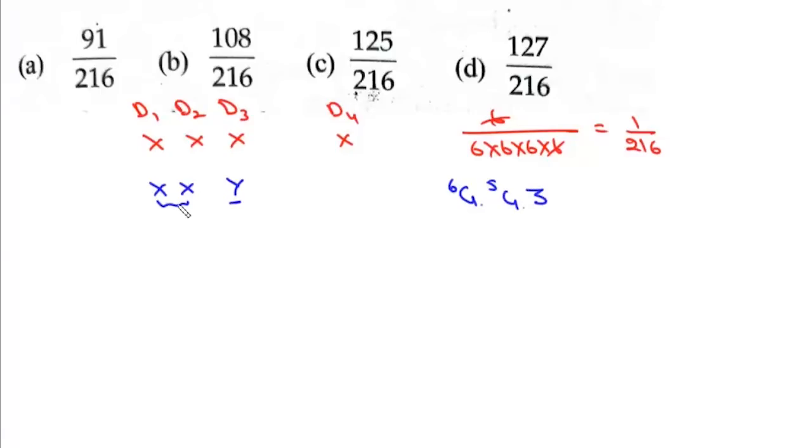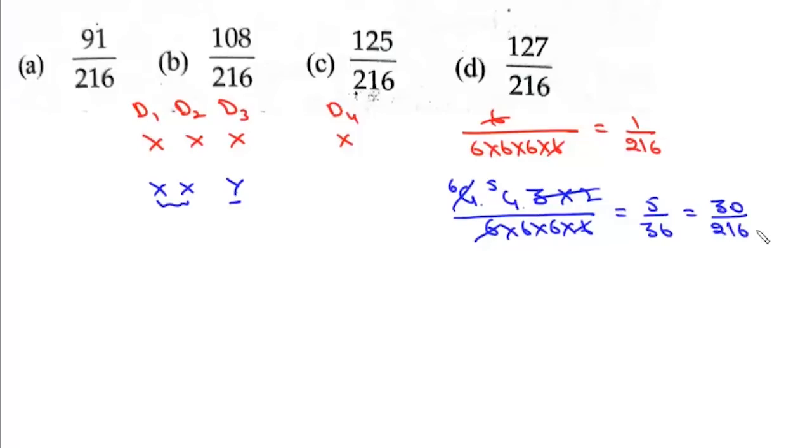Now in this case, D4 can be either x or y. So we have 2 favorable cases for D4. So this will be over 6 into 6 into 6 into 6. Now this 6 will cancel. This 6 will also cancel. So this probability will be 5 by 36, or we can also write this as 30 by 216.